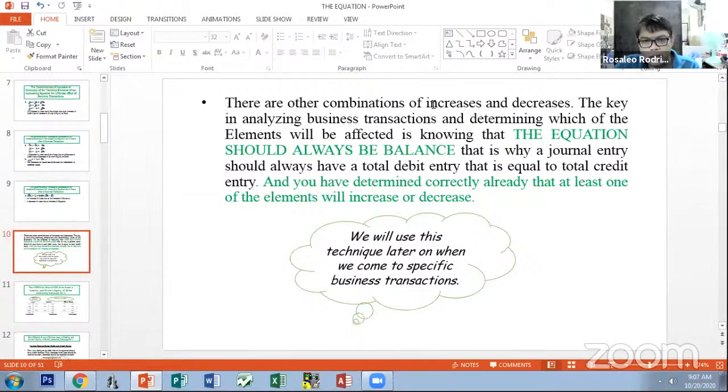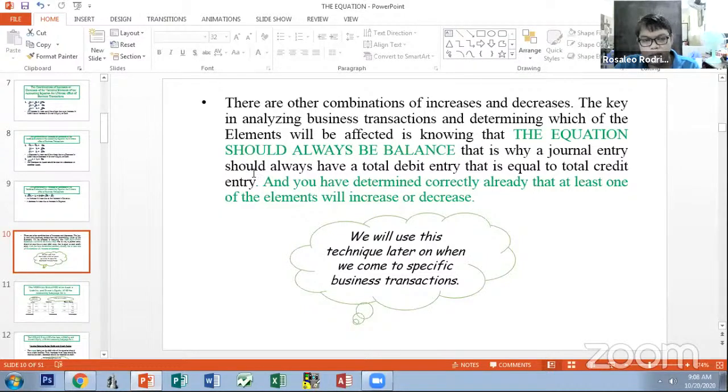There are combinations of increases and decreases, different combinations. The key in analyzing business transactions and determining which of the elements will be affected is knowing the equation, that it should always be balanced.